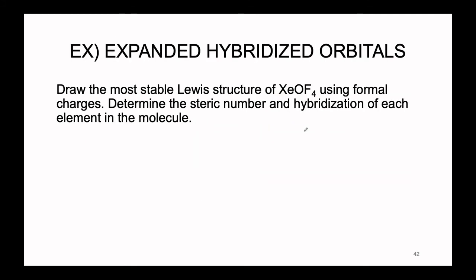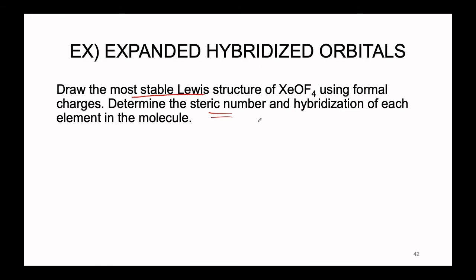So with all of that, what am I expecting of you guys? What am I expecting you to be able to recreate? Well, at the very least, I would expect you to be able to start by drawing a Lewis structure, use formal charge to determine what the most stable orientation of the electrons are going to be in the form of bonds, and then observe your steric number.